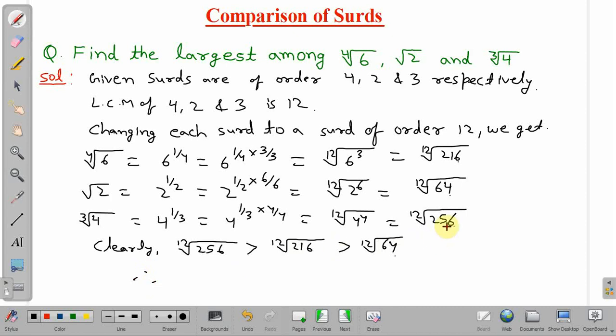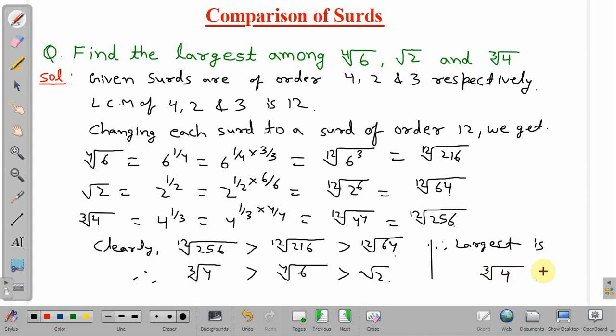Therefore, what is the 12th root of 256? It is the cube root of 4. So the cube root of 4 is the greatest, then the fourth root of 6, and the smallest one is the square root of 2. We have to find the largest. Therefore, the largest is the cube root of 4. This one will be the answer.